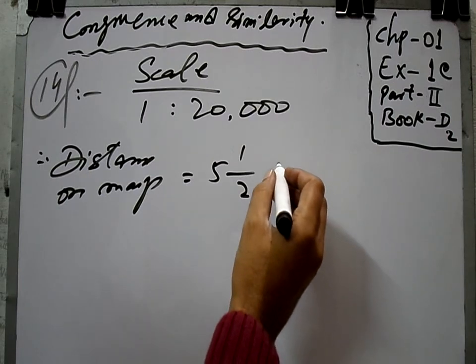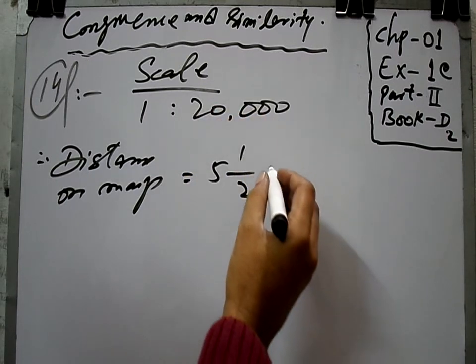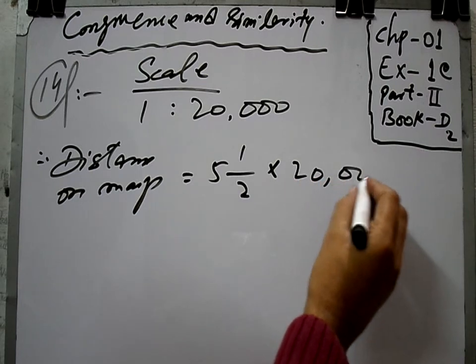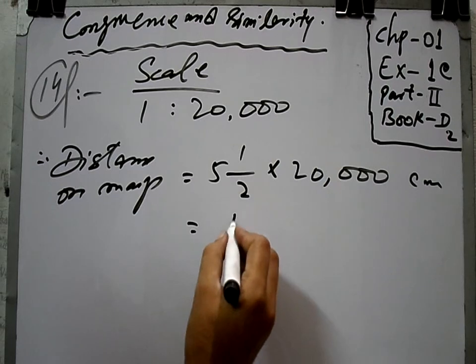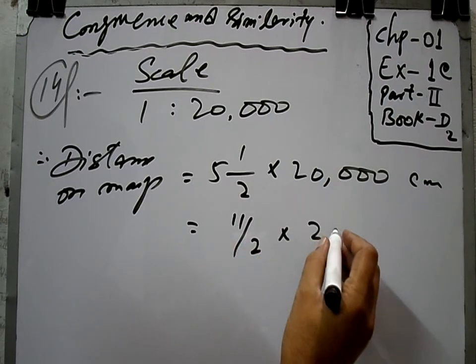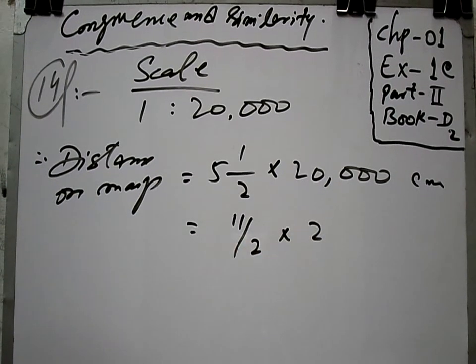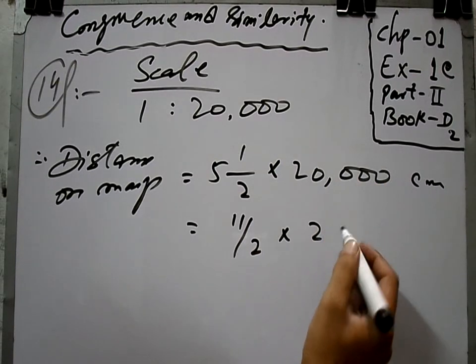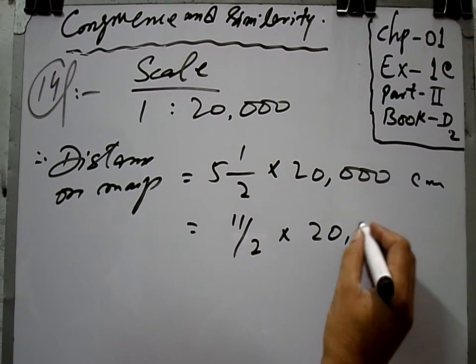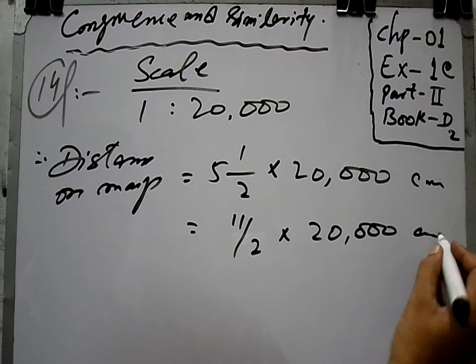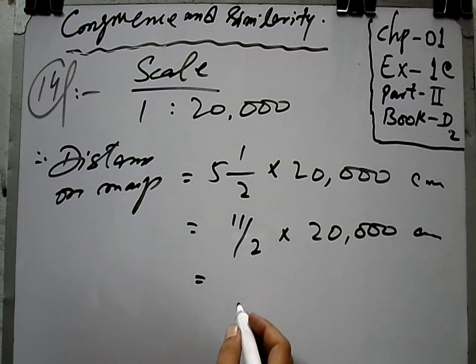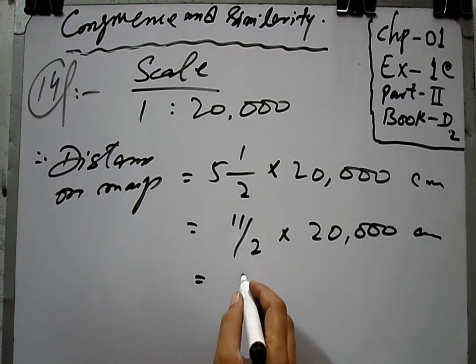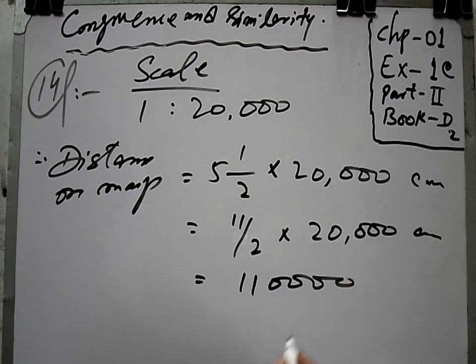So it is kilometers, and we have a scale of 20,000, so multiply with 20,000. You will get the result in centimeters. So the scale factor is 20,000, and after simplification you will get 11,000 centimeters.